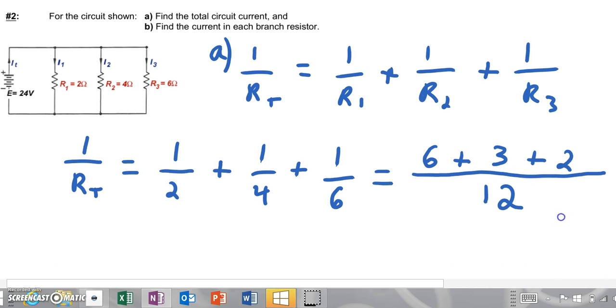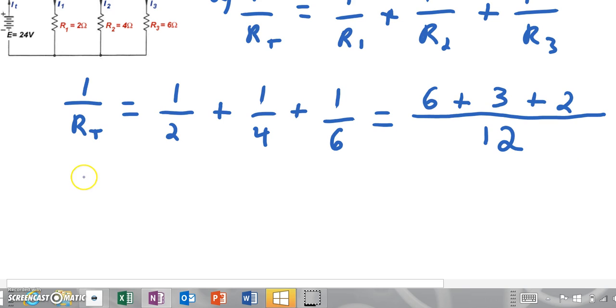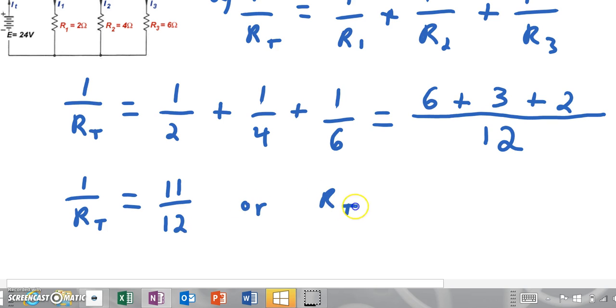Now, that says that 1 over RT is equal to 11 over 12. Or RT equals the reciprocal of 11 over 12, or 12 over 11.